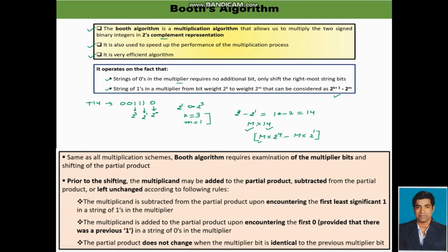The multiplicand is subtracted from the partial product upon encountering the first least significant 1 in a string of ones in the multiplier.